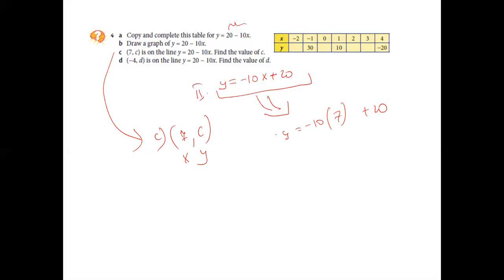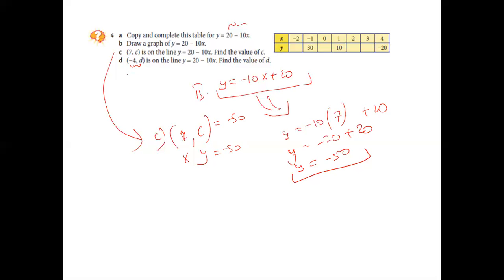That's why I need y, or I need c. If I find c, automatically I have also found y. So y is equal to minus 10 times 7, which is negative 70, plus 20. Y is equal to negative 50. So if y is equal to negative 50, c must also be equal to negative 50. So the value of c is negative 50.